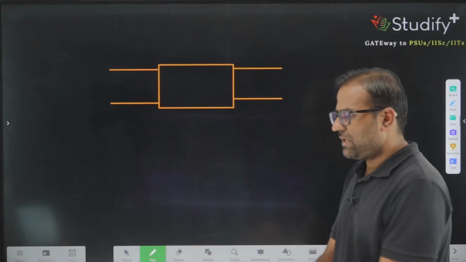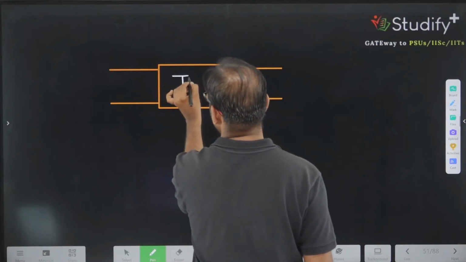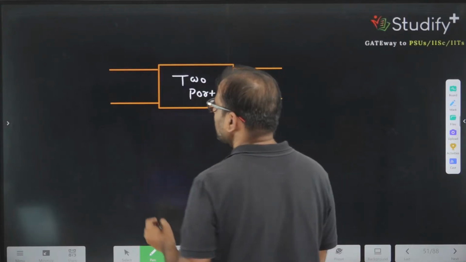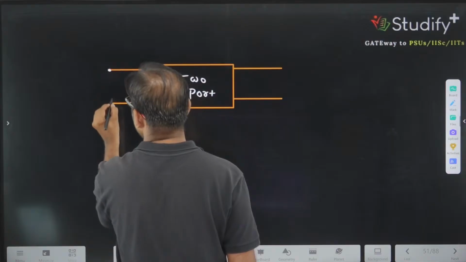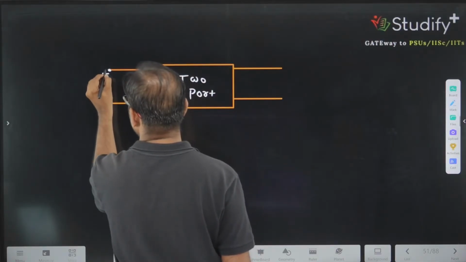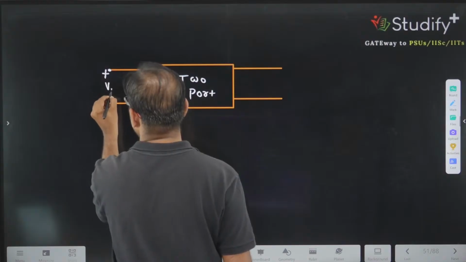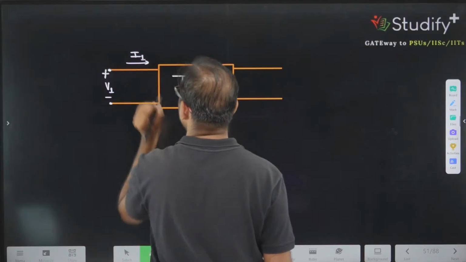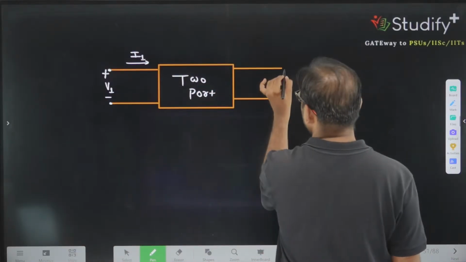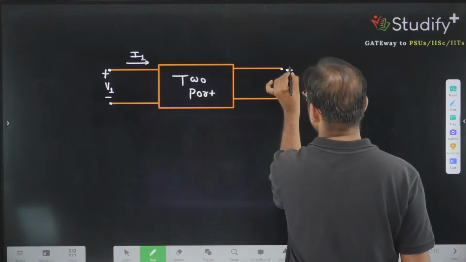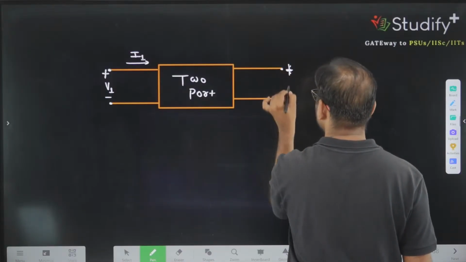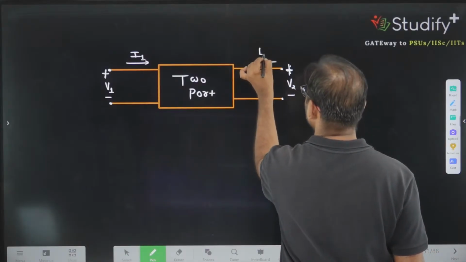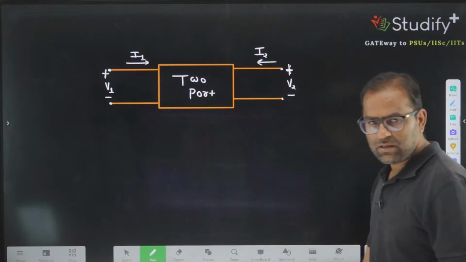How are we defining the input voltages? So this is our input V1, and this value is known as I1. Another value we are having is V2, and this value is I2. Correct?